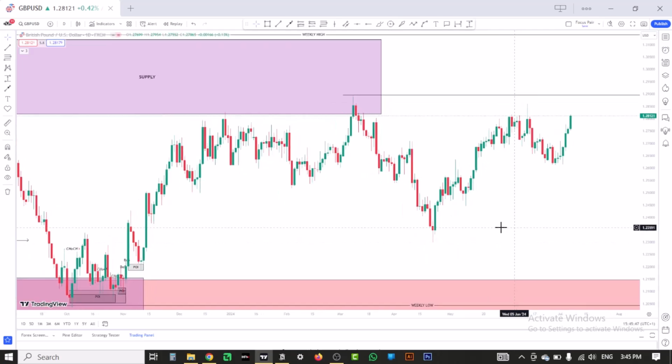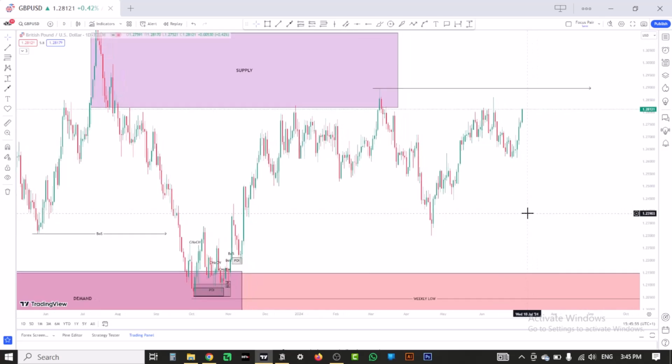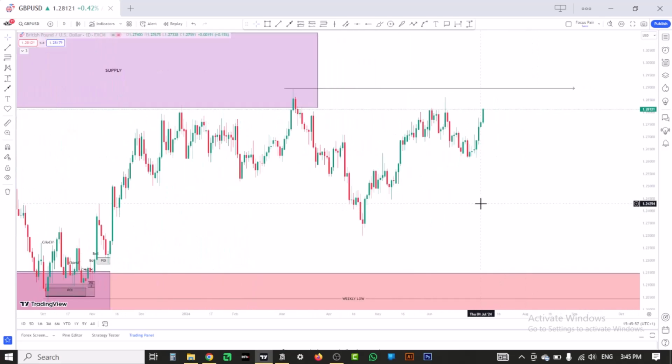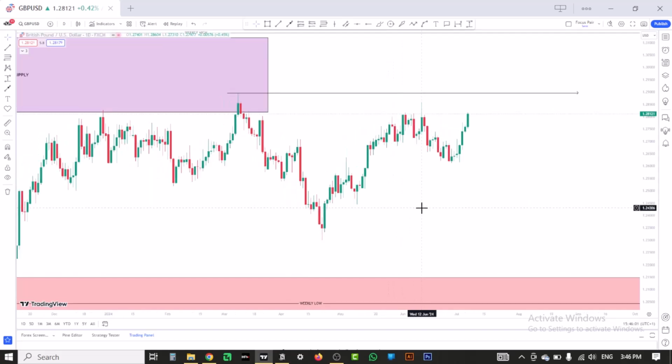The daily time frame is what I really want to give more details to, because that is where I always look for my daily opportunity in the market before I know what to do for the day.